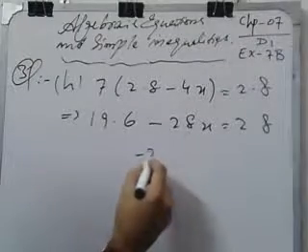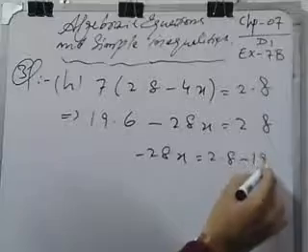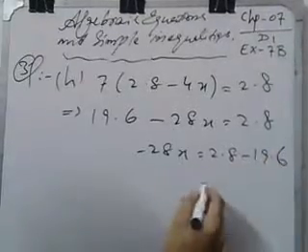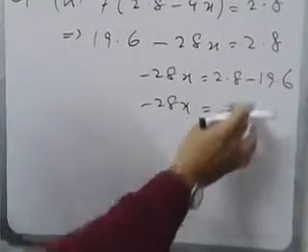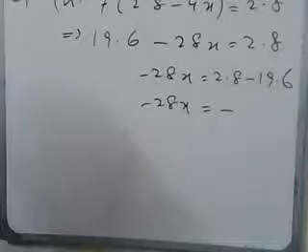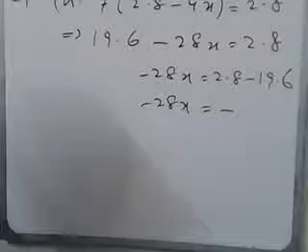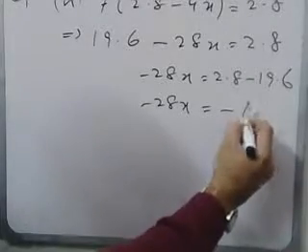So again, by the same method, constant term should be shifted at another point, so you will get minus 28x. So minus it, the sign of greater value should be used here. So 19.6 minus 2.8, you will get 16.8.